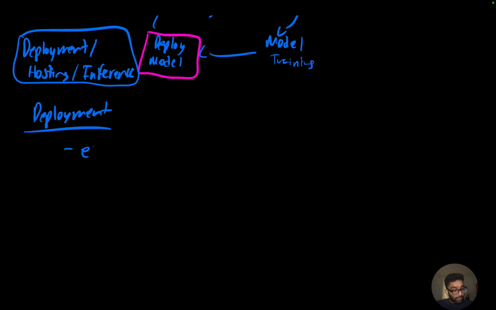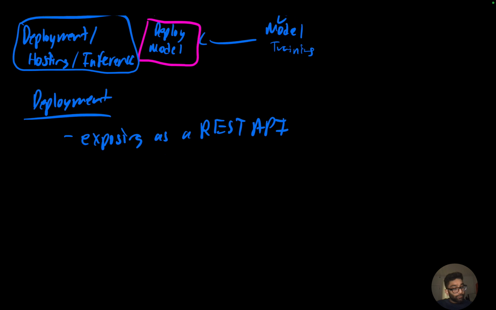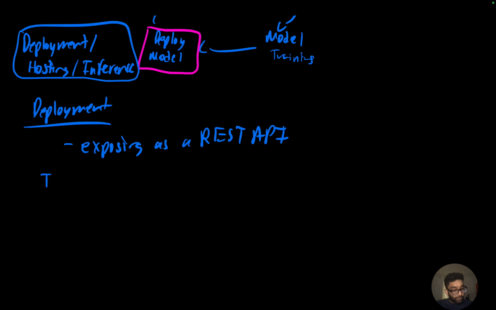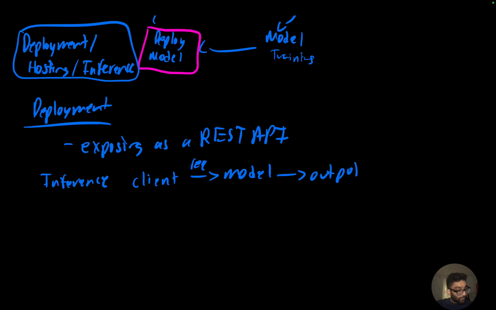So the practice of exposing it as a REST API to your end users is what ML model deployment is. And inference, once again almost the same thing in this context, is when a client sends a request to your model and it returns an output. This output is your model inference, essentially.